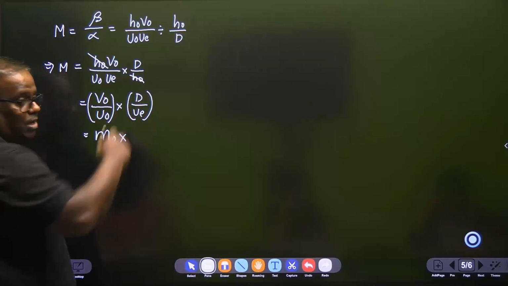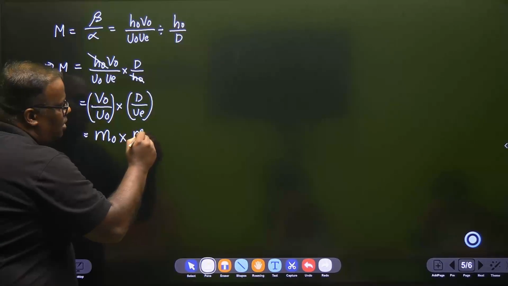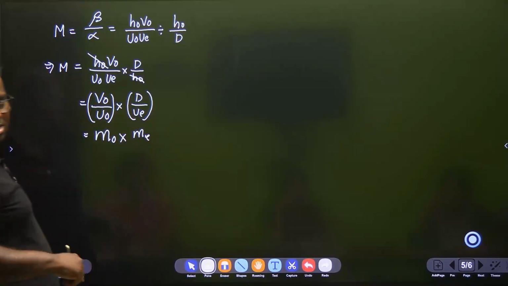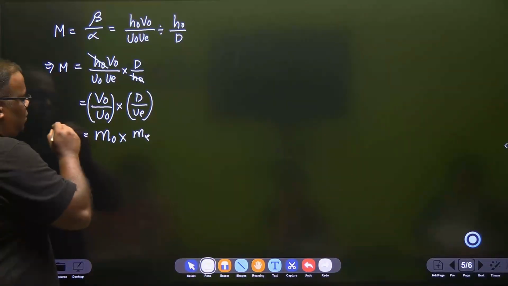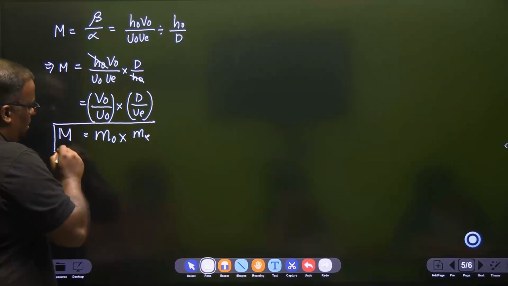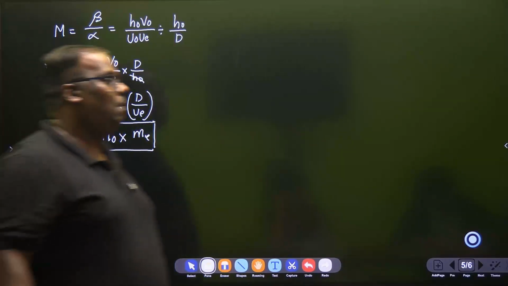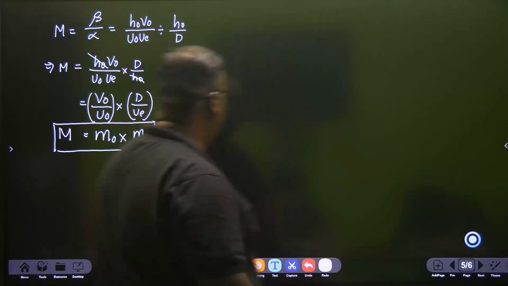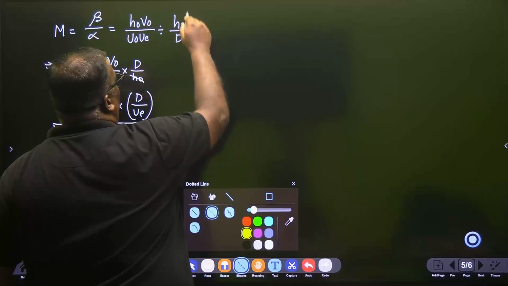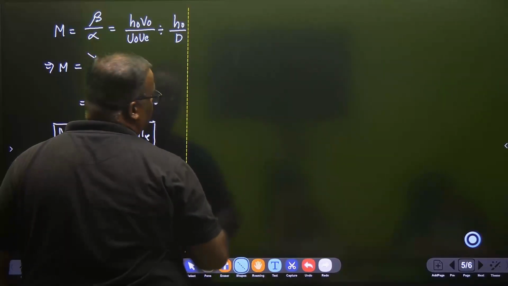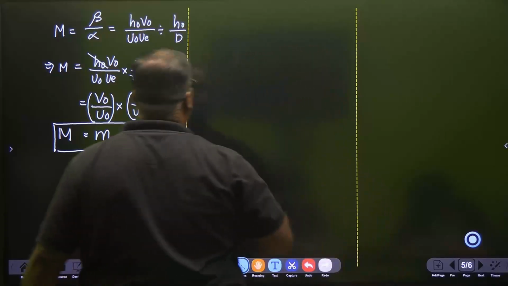And isn't this the magnification of the eyepiece? Yes. You have derived this, na, that the magnification for a single hand lens is this. So the magnification of a microscope is given by the product of the magnification of the objective multiplied by the magnification of the eyepiece. However, our job still remains strained and relaxed vision.